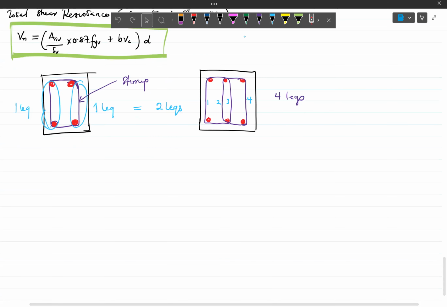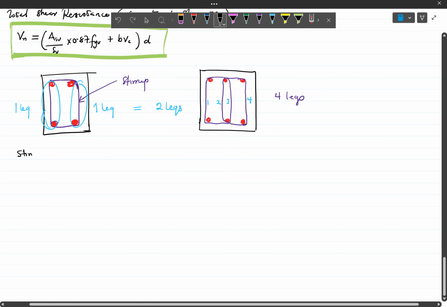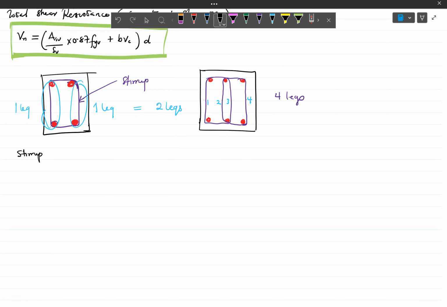Usually a few things about stirrups. So we are looking at stirrups. Normally they should be close linked, so it should normally not be open.